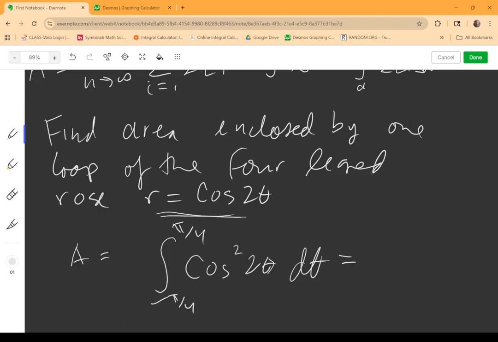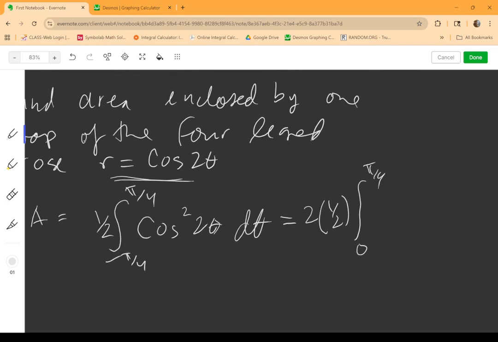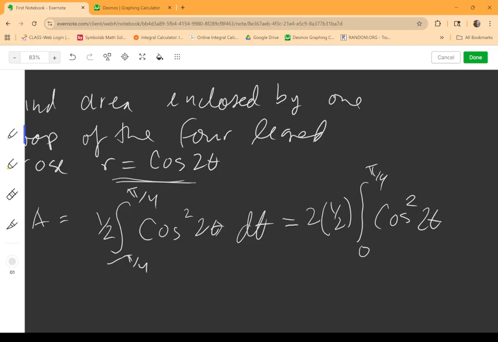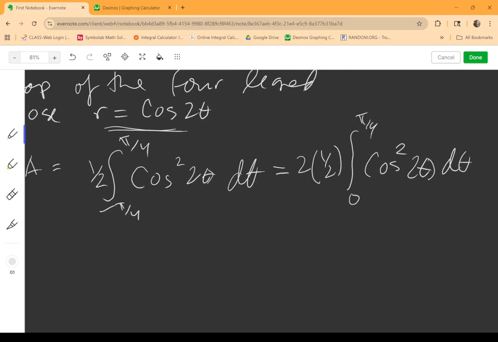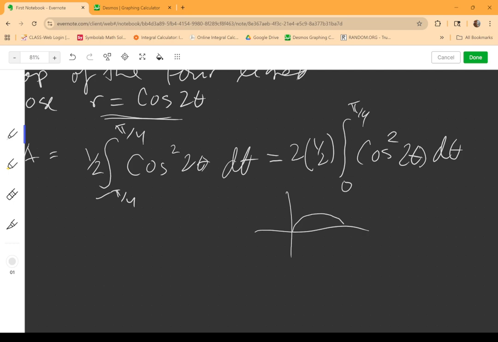Excuse me, I forgot here my part of the formula, 1/2. So I can do this, or I can do double from 0 to pi over 4 of 1/2 cosine squared 2 theta d theta, which I'll do. I always like when the 0 is part of the limits, it makes it easier to evaluate. So the region that I'm integrating is in that first quadrant, this part right here, and then I'm doubling it to get the full leaf.